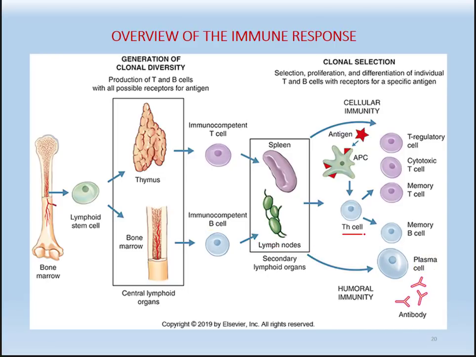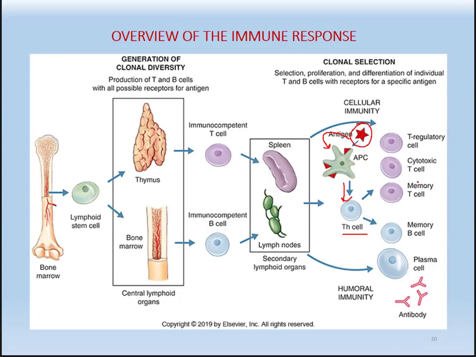Let's talk for a minute now about helper T cells, or TH cells. If an antigen binds to a cell that's called an APC, also known as an antigen presenting cell, the antigen presenting cell will then present, just as the name suggests, the antigen to the helper T cell.